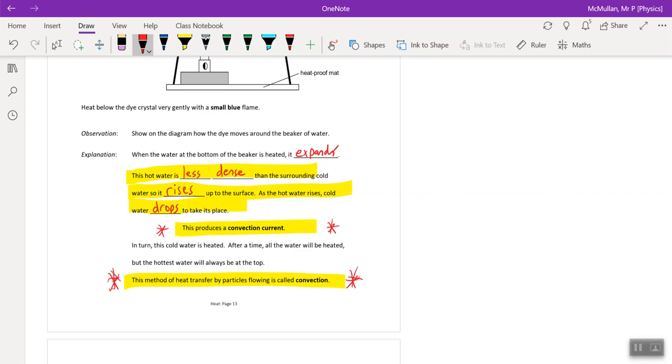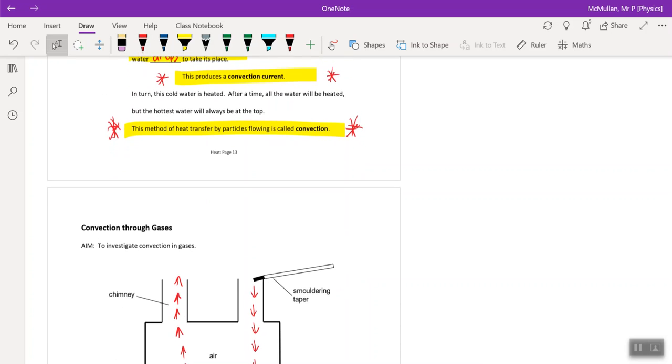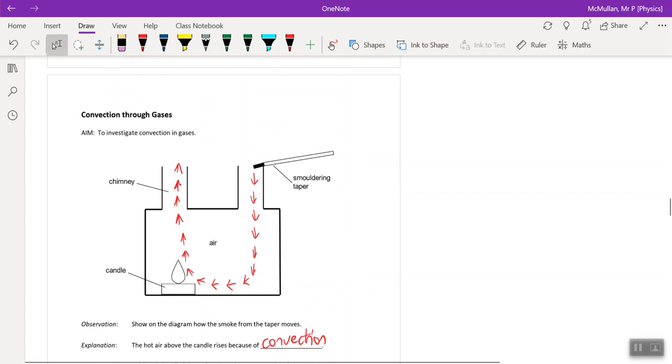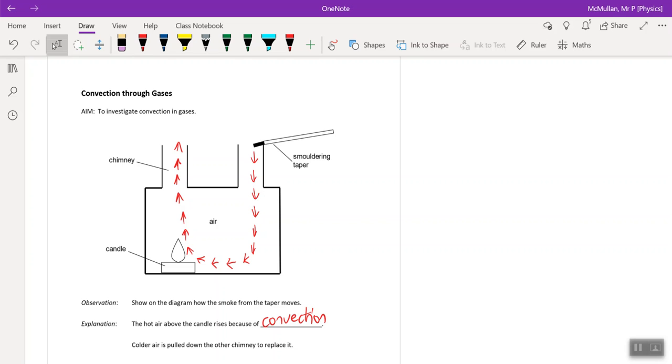So in liquids we have this movement of particles. The heat causes them to rise, and as they cool they begin to drop. Convection also occurs in a gas. Again, an experiment we unfortunately aren't able to do, but there will be a video on the Firefly page. If you have a candle, what happens is it heats up the air in the chamber.